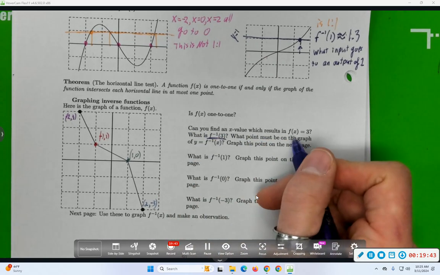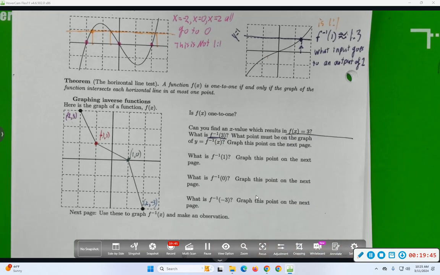To compute f inverse of 3, I need to know, by looking at this original function, can you find an input value that results in an output value of 3? What input value were you thinking of? I hear some 2s being whispered. People agree? Negative 2, negative 2.